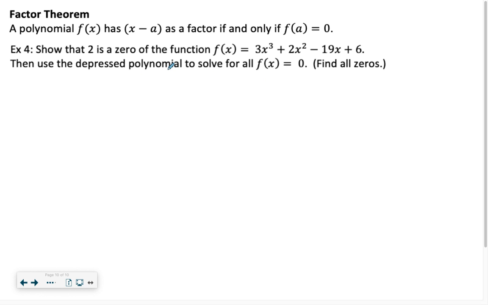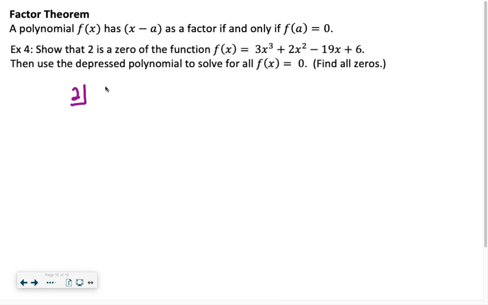One final example here just says show that 2 is a 0 of this function, and then go one step further and use the depressed polynomial to solve for all zeros. All right, so let's see what that means. Okay, so first, we want to use synthetic division to show that 2 is a 0 of this function.